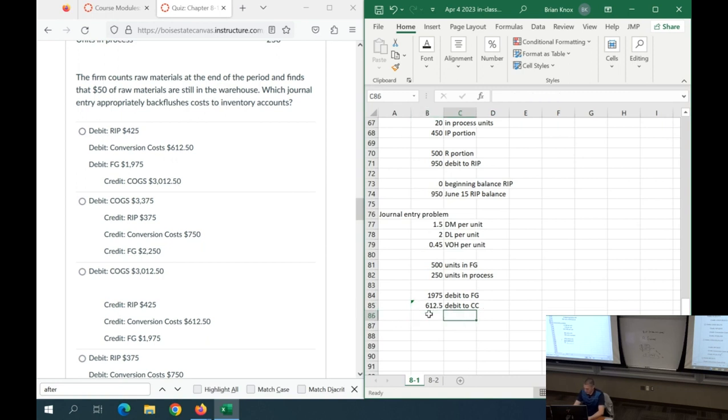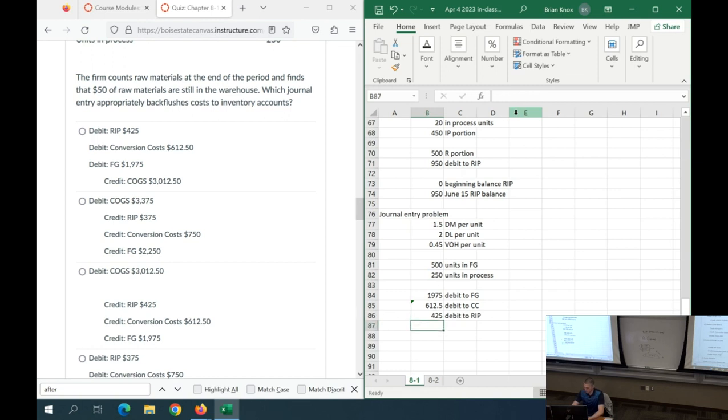And now let's get the debit to RIP. We will say 50, that's the portion, plus the units in process times the direct material rate for the IP portion. So I've got $50, and those two cells, B82 times B77, as the IP portion for RIP.